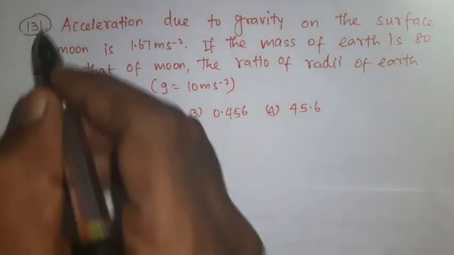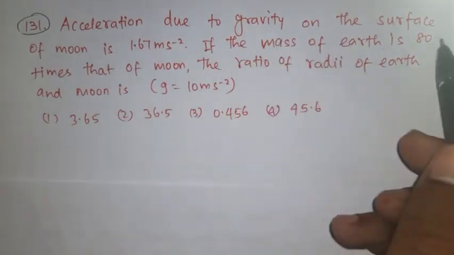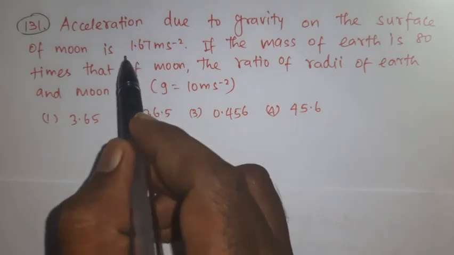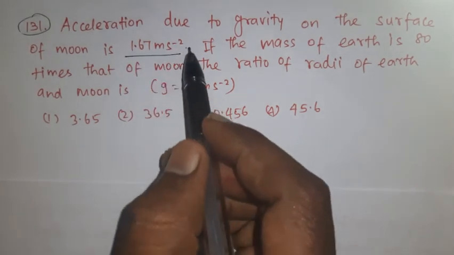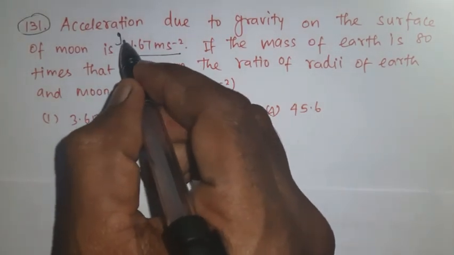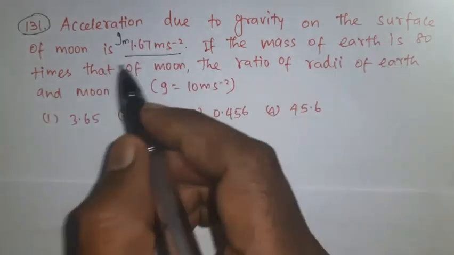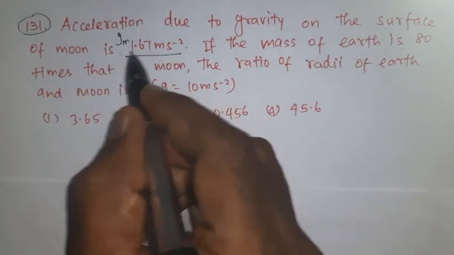Question number 131. Acceleration due to gravity on the surface of the moon is 1.67 m/s².